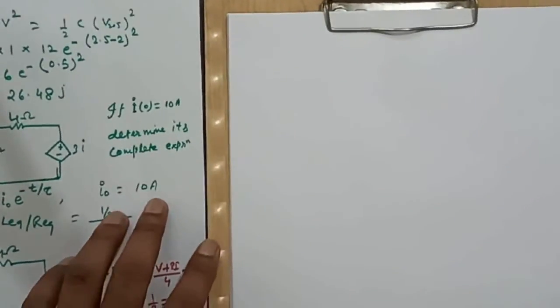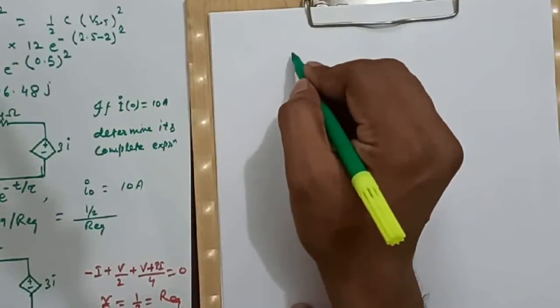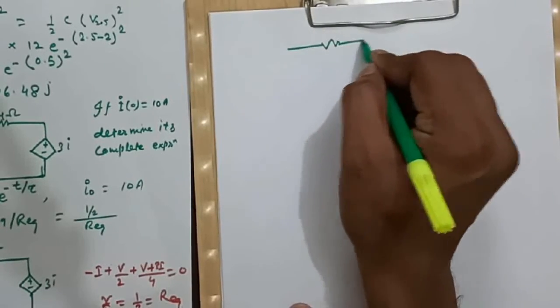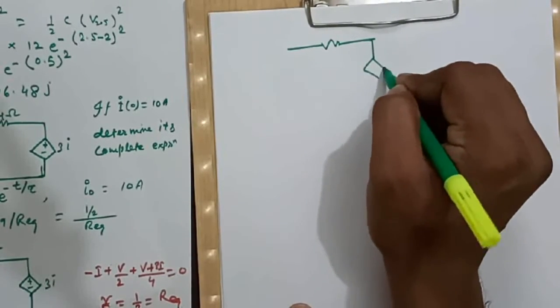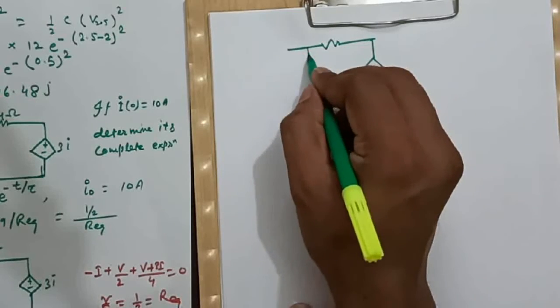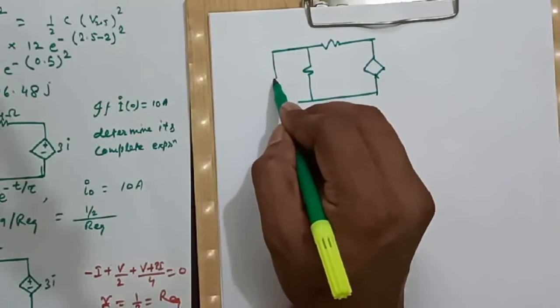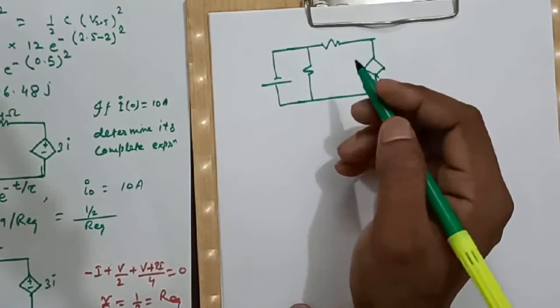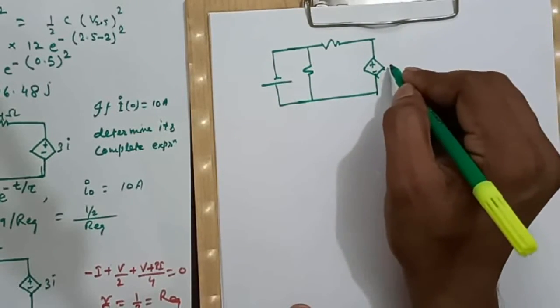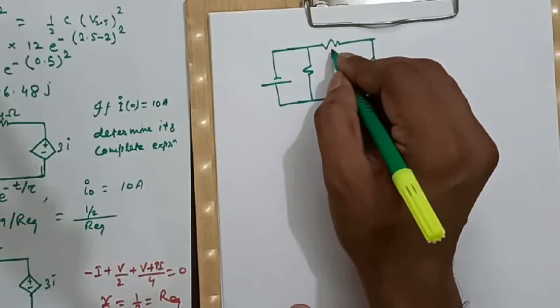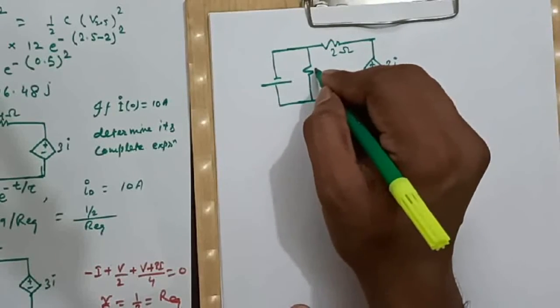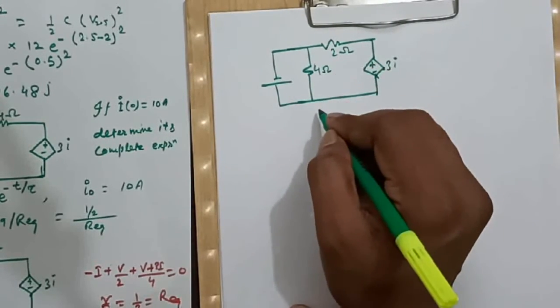Now see, after interchanging the position of the resistors, this is 3I, now this will become 2 ohm and this will become 4 ohm.